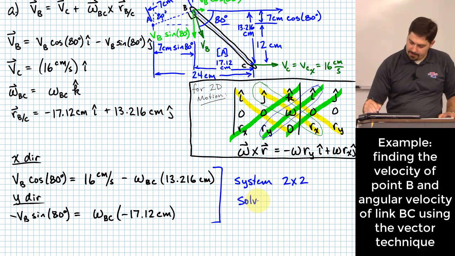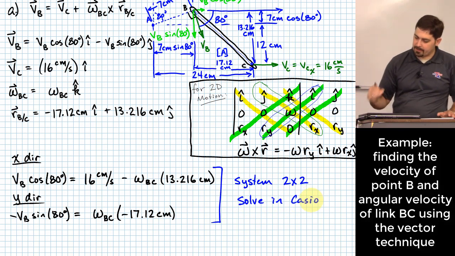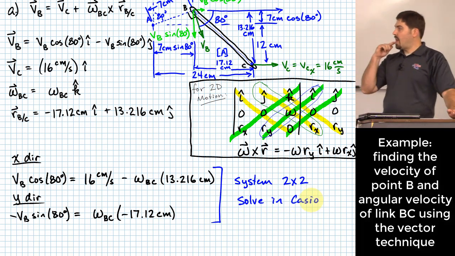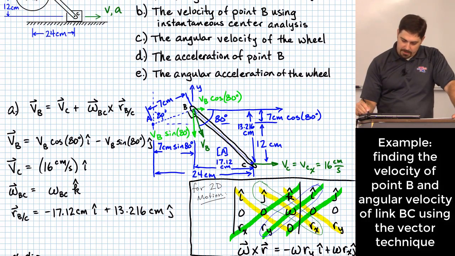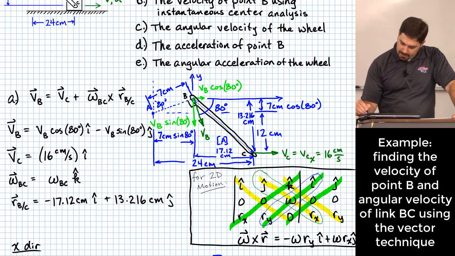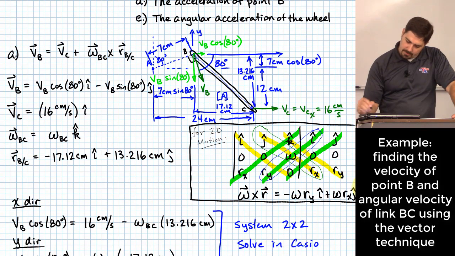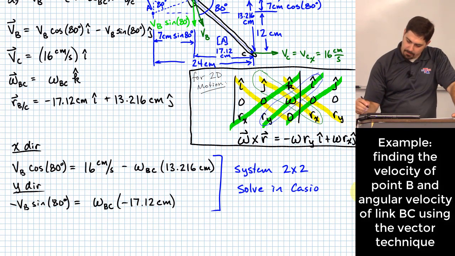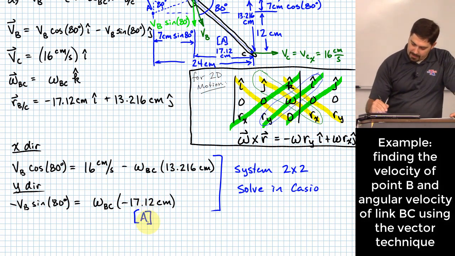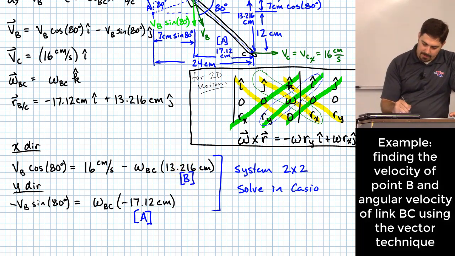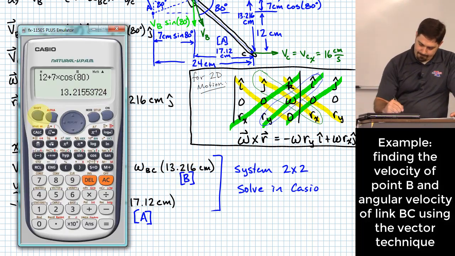Okay, we can solve that in our calculator. Well, let's go ahead and remember this as well, though. I believe we have those numbers stored into A and B. Okay, this 17.12, that's actually stored in A. And I believe we had this other one stored in B, or if we don't, then we probably can make that happen.